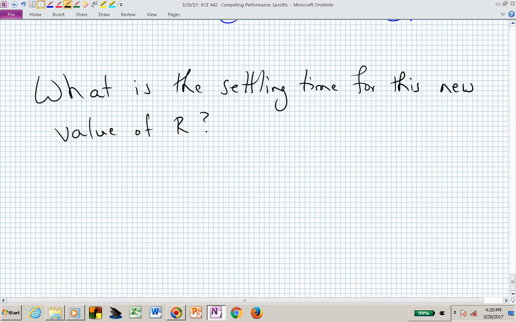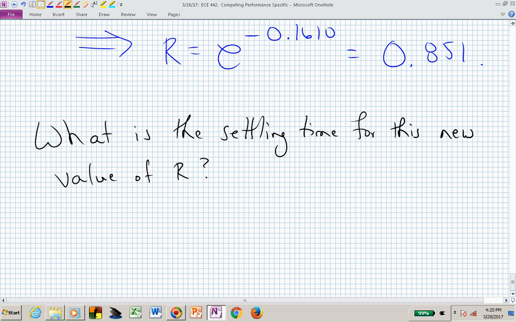All we have to do is remember our settling time expression. That's r raised to n sub s in terms of power, and that's equal to 0.01.